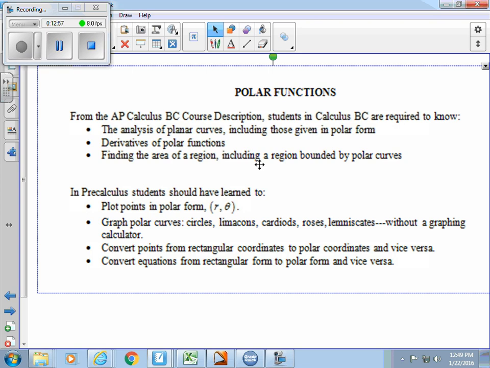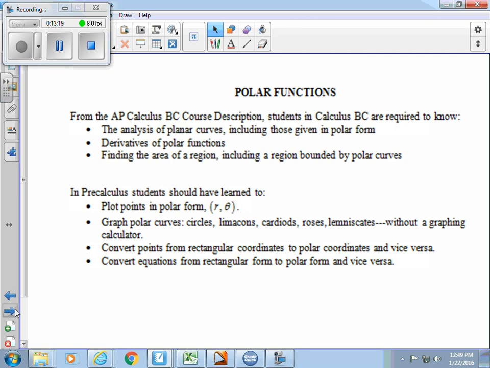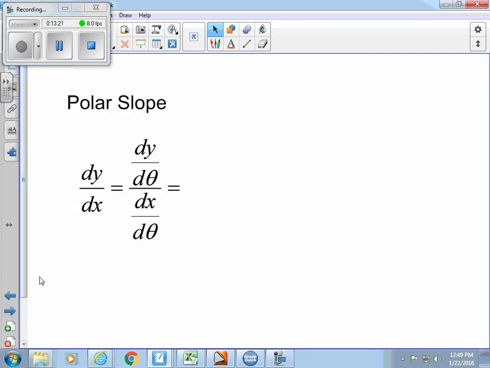So we would be talking once in a lifetime type question on an AP exam. But we want to be able to do it if it comes up. You're not going to have to graph 10 polar curves on the AP exam. You know, convert points back and forth, and convert equations back and forth. So those are kind of the skills we need.